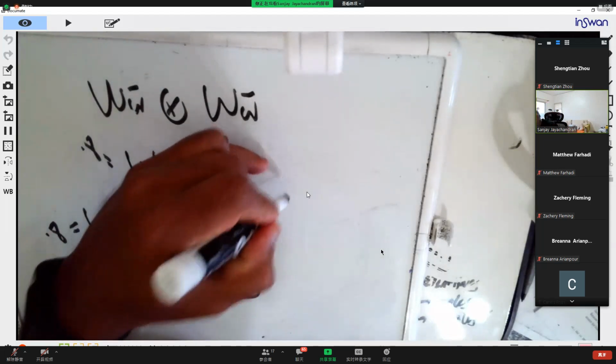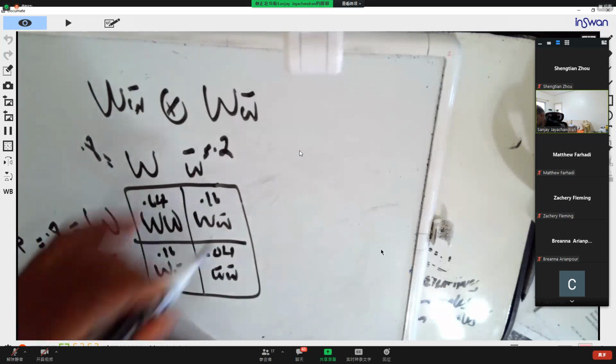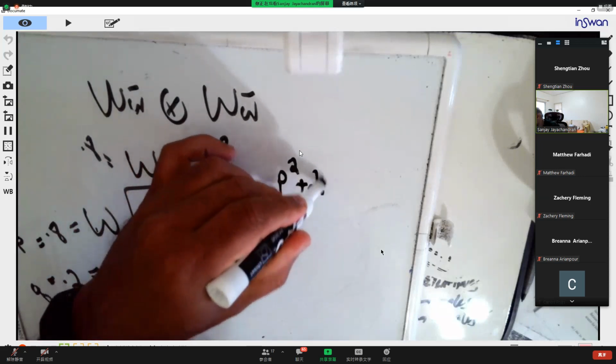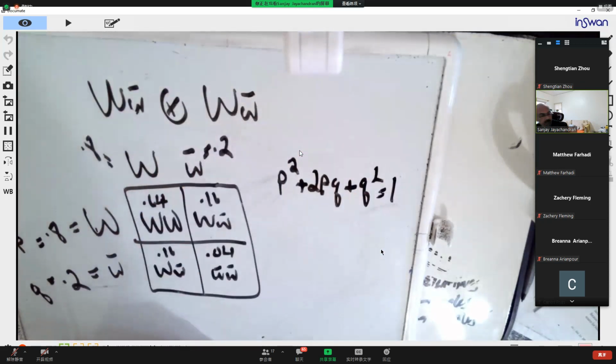So essentially, you can model this mathematically. If I let the big W's allele frequency be P, and the little w's be Q, there's an equation: P squared plus 2PQ plus Q squared equals 1. Okay?